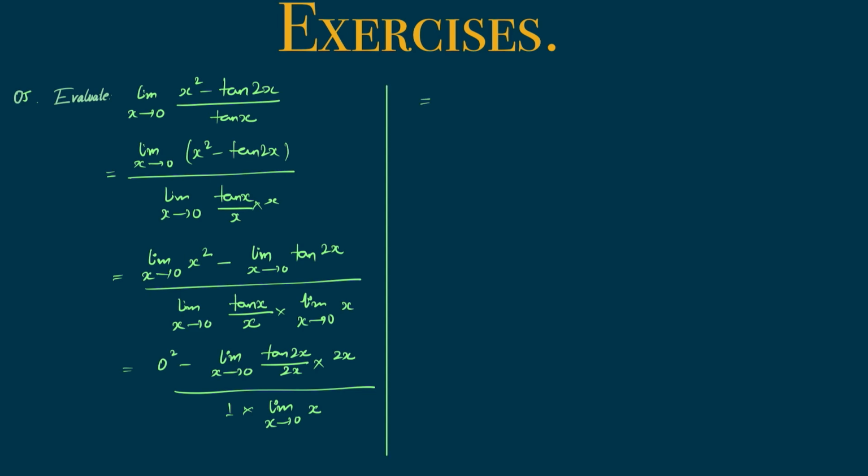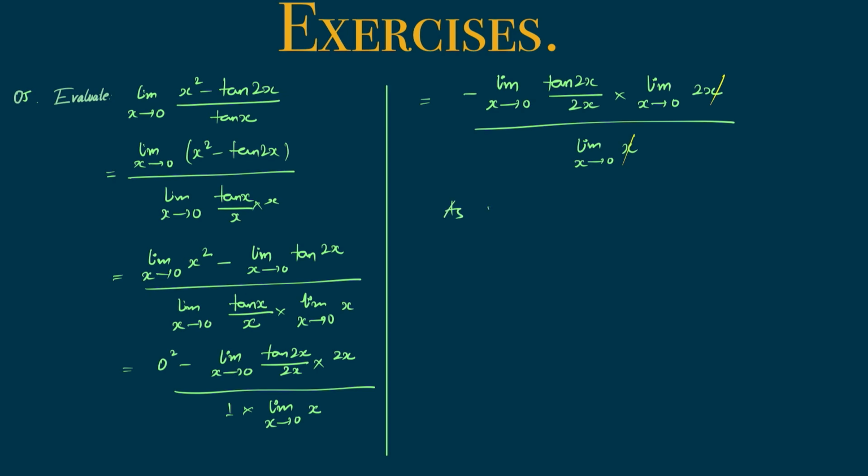Okay, will be equals to minus limit x tends to 0 (tan of 2x by 2x) into limit, I am distributing the limit x tends to 0 to 2x whole divided by limit x tends to 0 of x. I can cancel this x and x here.